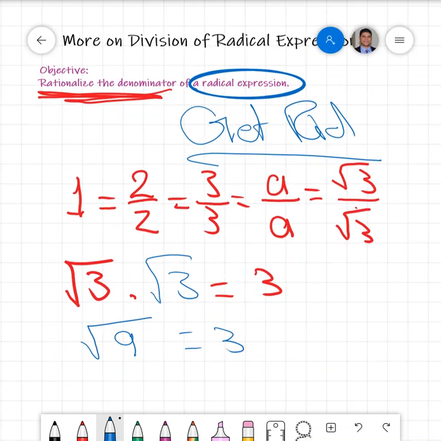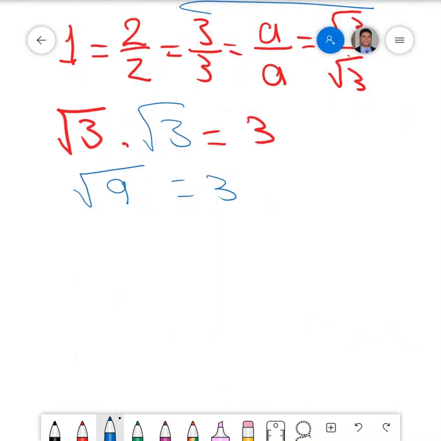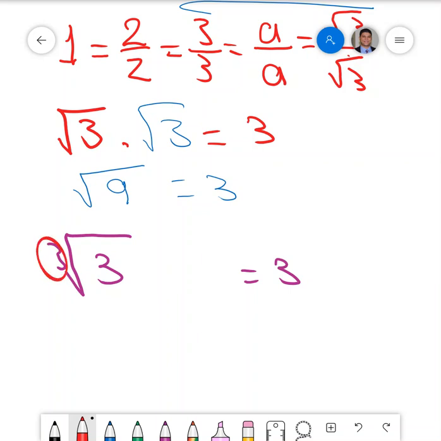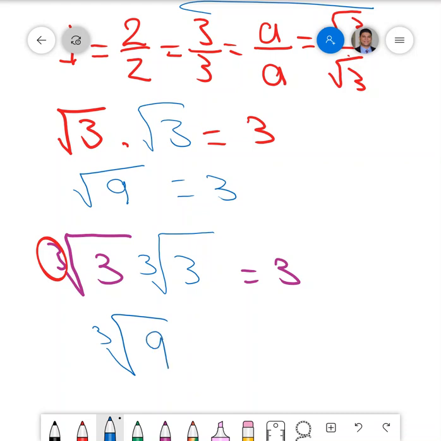If I have this expression, how can I make it the third root of 3? How can I make it 3? This is a third root, not a square root. So if you say I'll multiply by the third root of 3, we will get the third root of 9, and we don't have the cube root of 9.